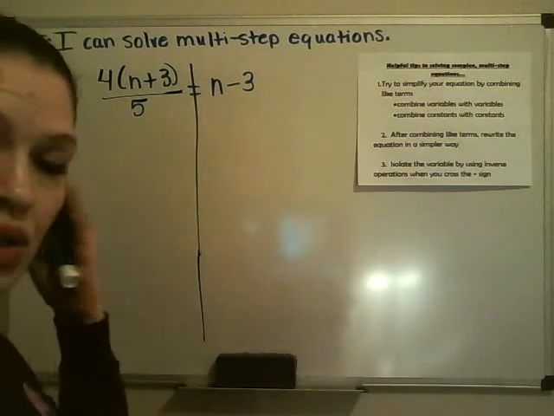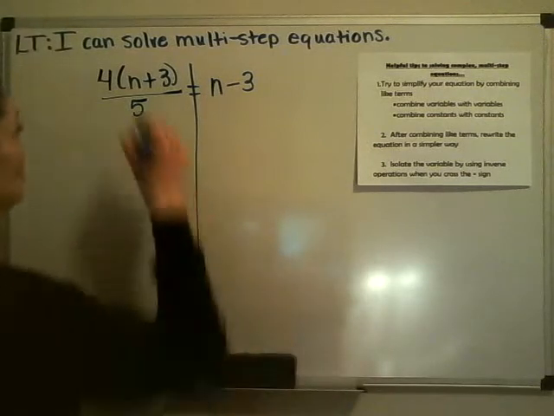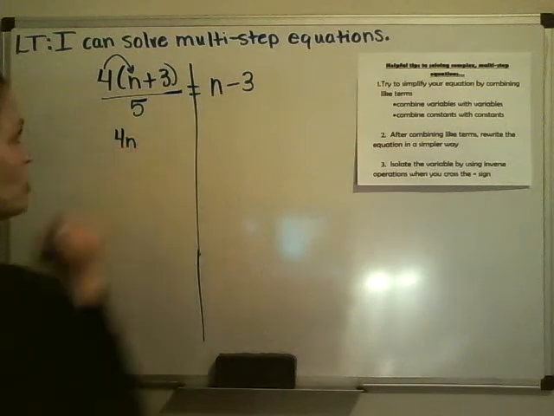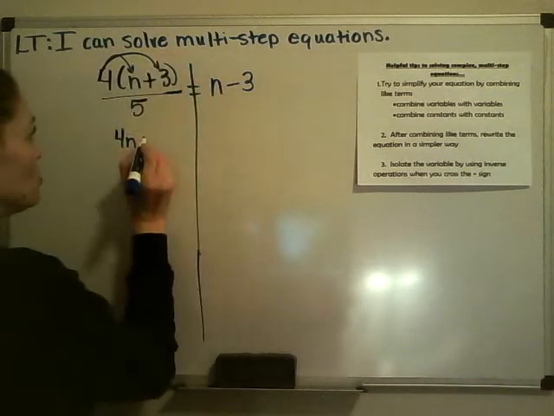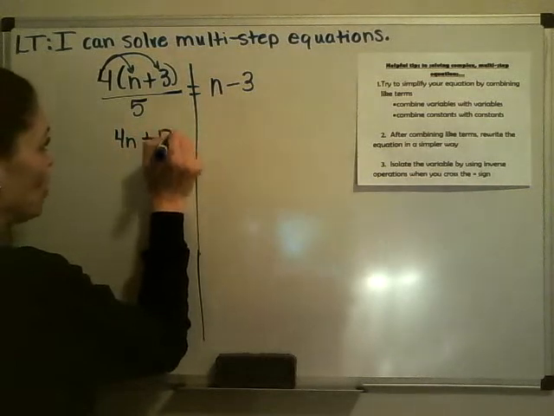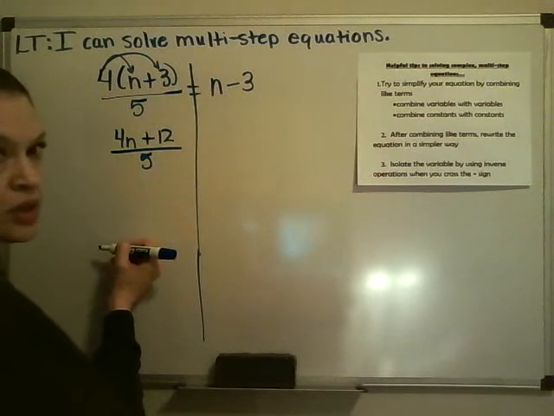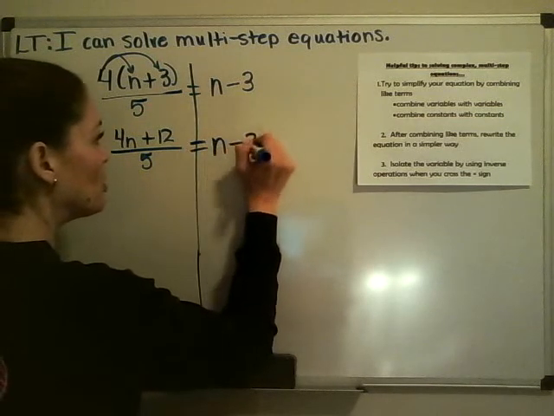All right, first thing we need to do is go ahead and get rid of the distribution. 4 times n, 4n. 4 times positive 3, positive 12. The whole thing has to be divided by 5. And on the other side, we have n minus 3.